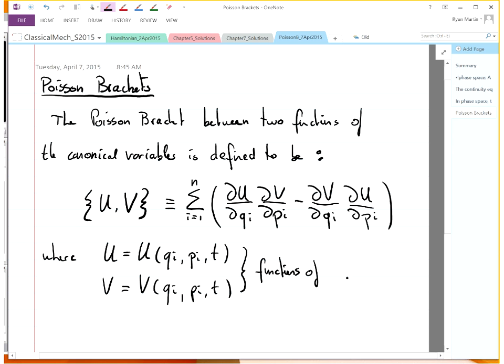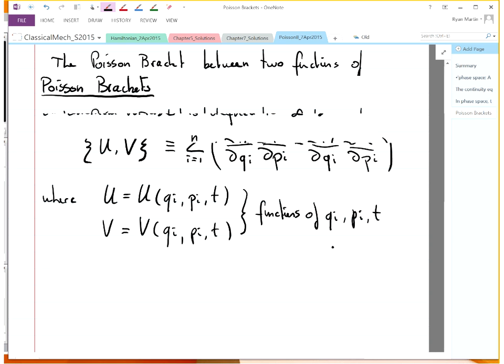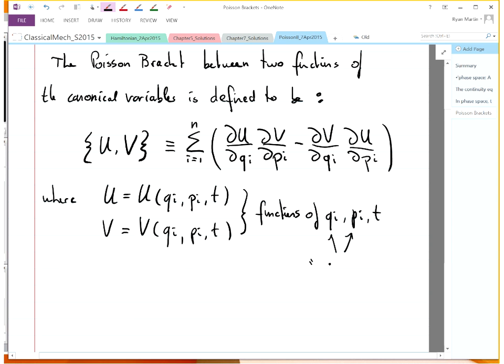The t you kind of have to drag around everywhere. And so we call the qi and pi canonical variables. That's why the equations of motion, Hamilton's equations, are the canonical equations. And the next chapter is called canonical transformation. So everything is canonical.